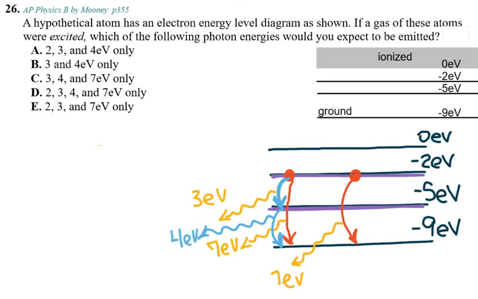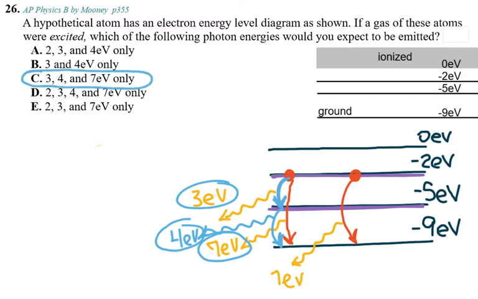So the only choice where I have 3 electron volts, 4 electron volts, and 7 electron volts is C. And the ionized state is the electron that is becoming free, so it doesn't need any energy to leave the atom. So the only excited states that we have to look at are the ones that are 2 and 5 electron volts.